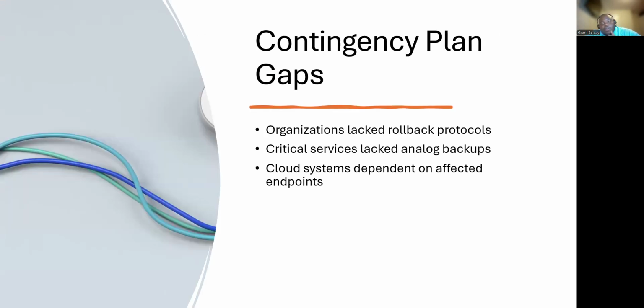Contingency plans. This disaster revealed an absence of contingency plans for many different institutions. Few organizations had rollback mechanisms for software updates in case of things like this. A lot of other organizations could not even access the cloud, and that's another big issue. Nowadays a lot of these companies rely on the cloud.